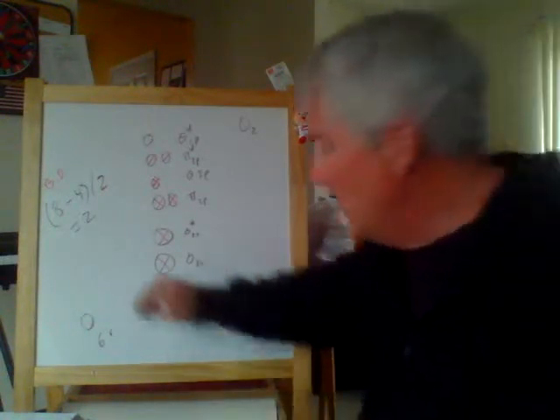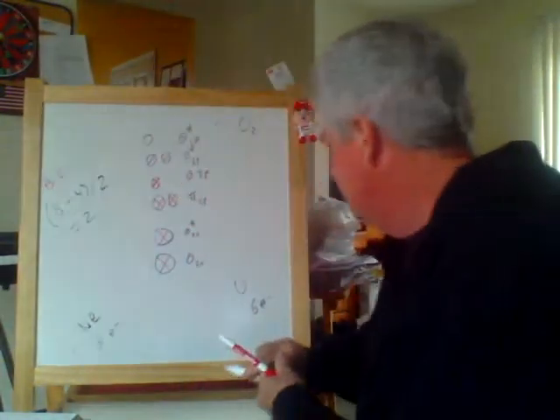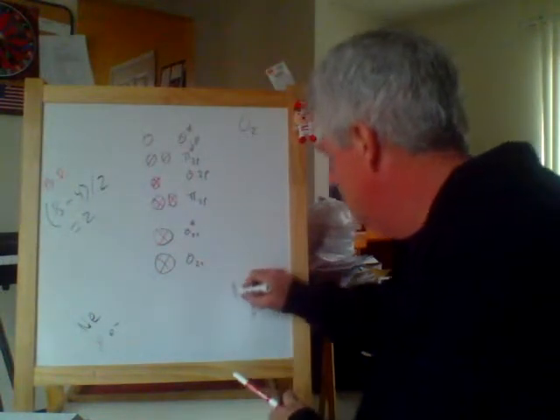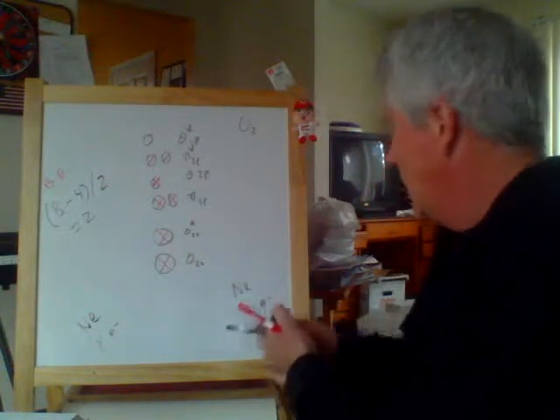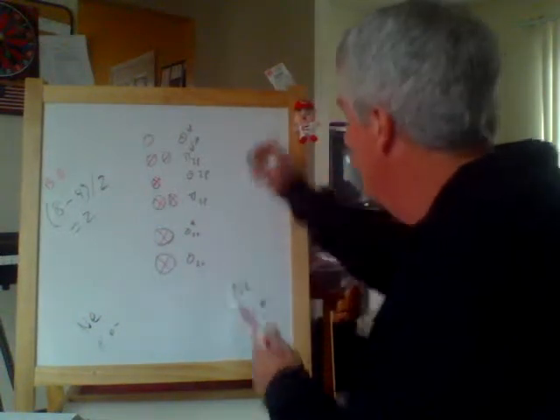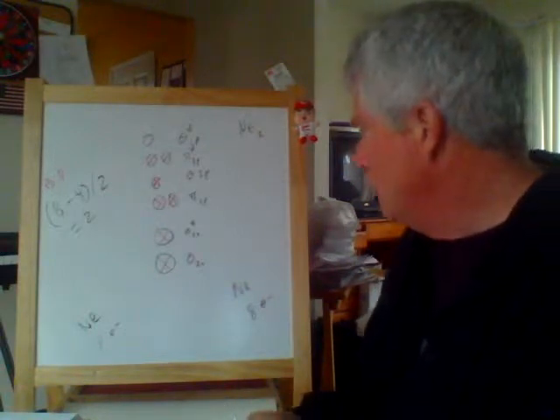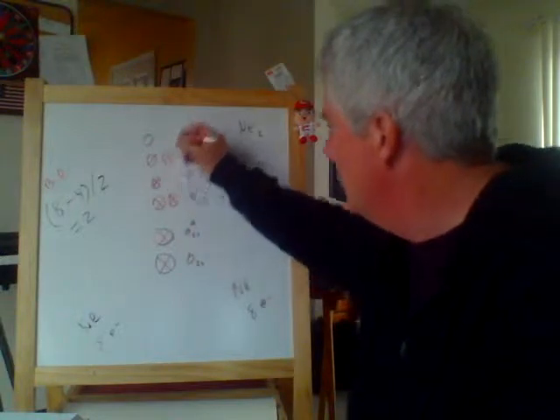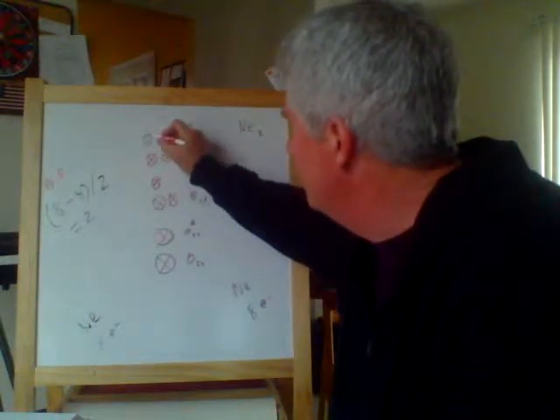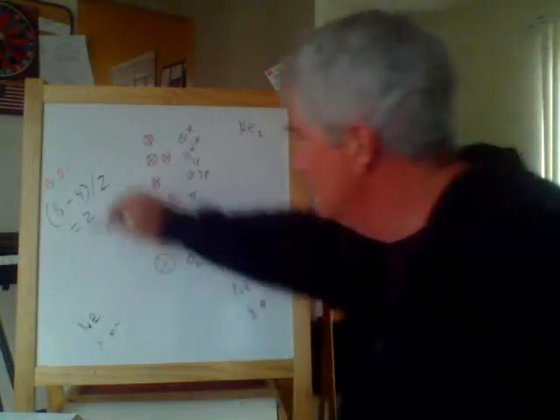I'm going to skip right to the end, which happens to be neon. Neon has 8 electrons. We'll predict what the nature of diatomic neon should be. Again, we'll just continue this process: 2, 4, 6, 8, 10, 11, 12, 13, 14, 15, 16. 16 total electrons.